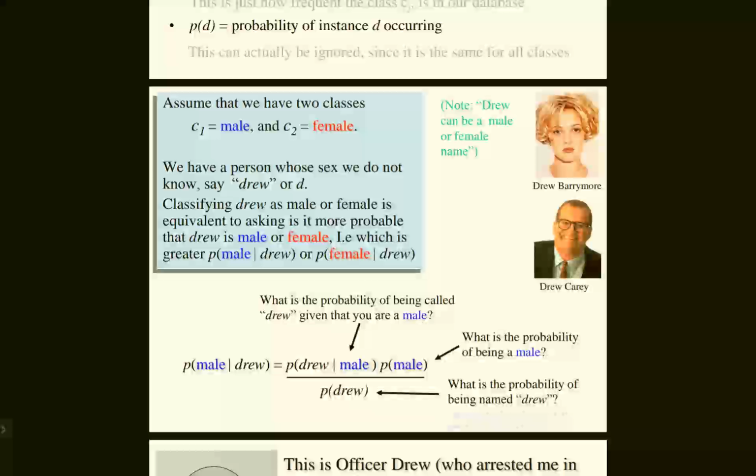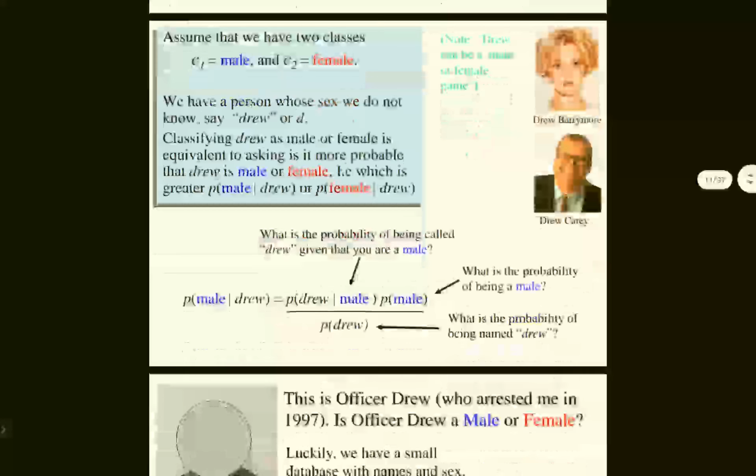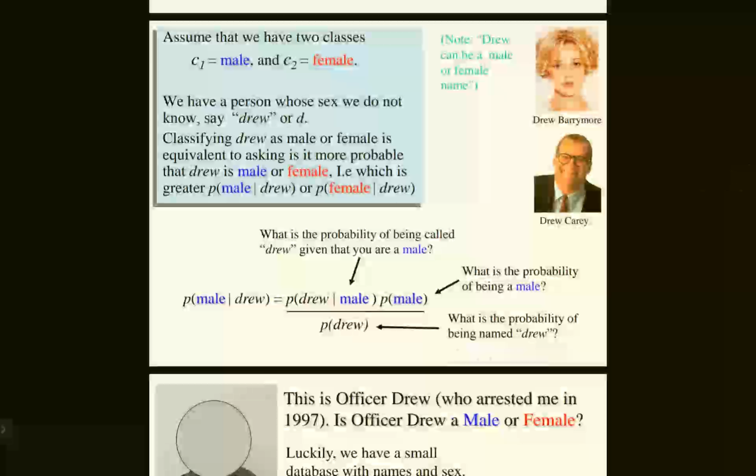Classifying Drew as male or female is equivalent to asking whether it is more probable that Drew is male or female. We generate the probability of male given Drew, or the probability of female given Drew. So we have to calculate the probability of being called Drew given that you are male or female.